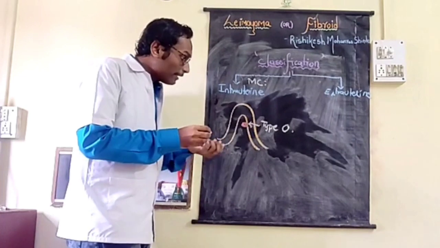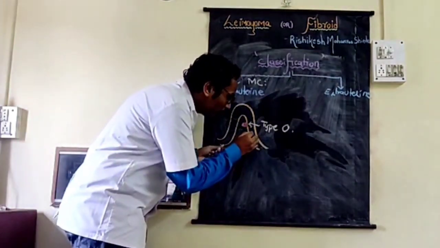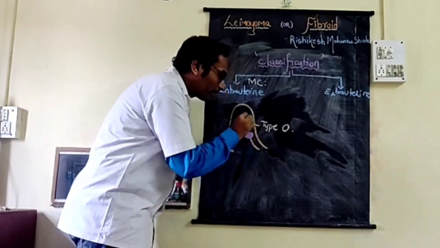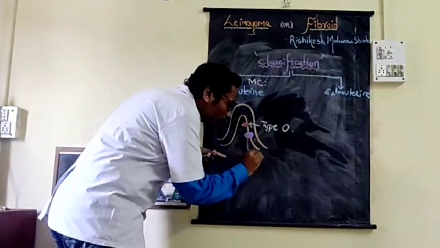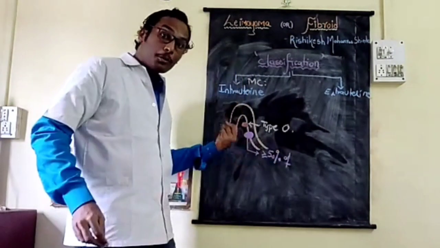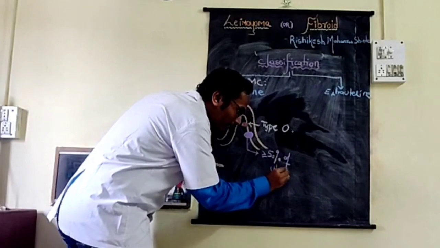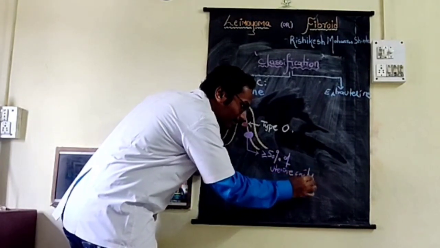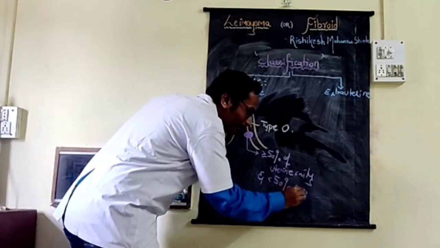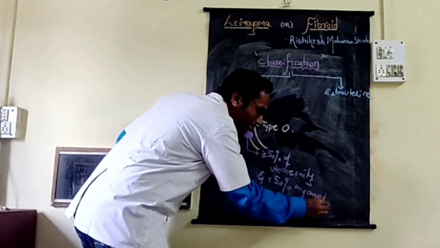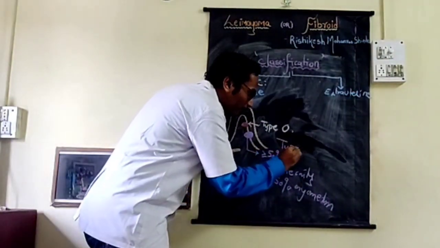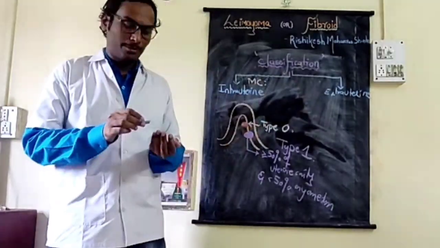Now if this fibroid involves the myometrium, how is it involving? If this fibroid involves more than or equal to 50% of the uterine cavity and less than 50% of the myometrium, this type of fibroid is called type 1 submucous fibroid.